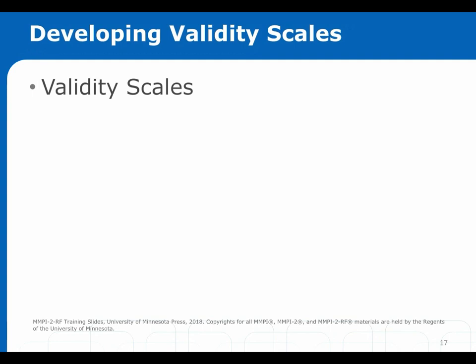MMPI-2 scales that were revised for the MMPI-2-RF include markers of content non-responsiveness, cannot say, VRIN, and TRIN, revised versions of markers of underreporting including uncommon virtues, a revision of L, and adjustment validity, a revision of K, as well as markers of overreporting including infrequent responses, infrequent psychopathology responses, and the symptom validity scale, which are revised versions of F, FP, and FBS.